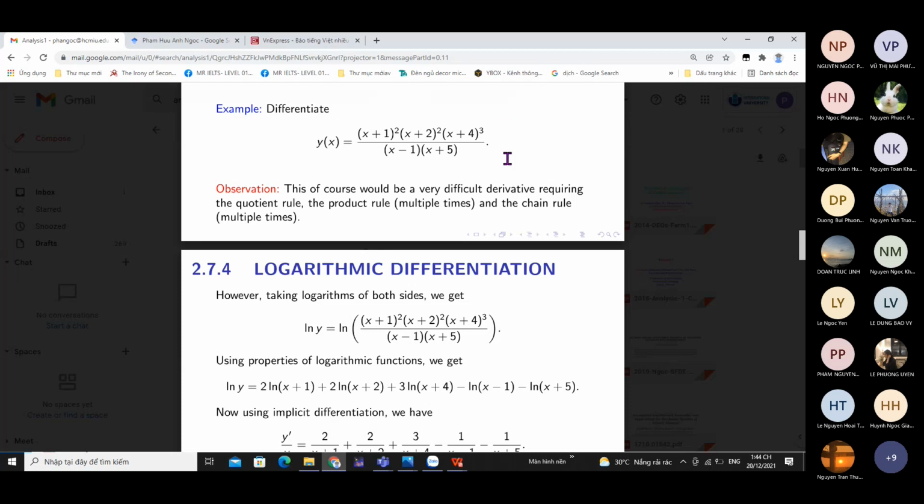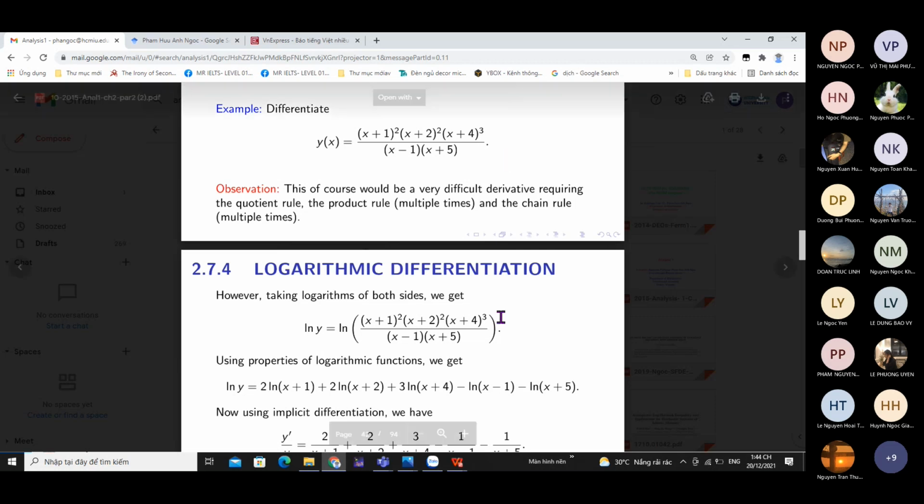Okay, and now using properties of logarithmic function, we can rewrite this equation as natural log of y equals natural log of x plus 1 plus 2 natural log of x plus 2 and so on. Just use some basic properties of logarithmic function.